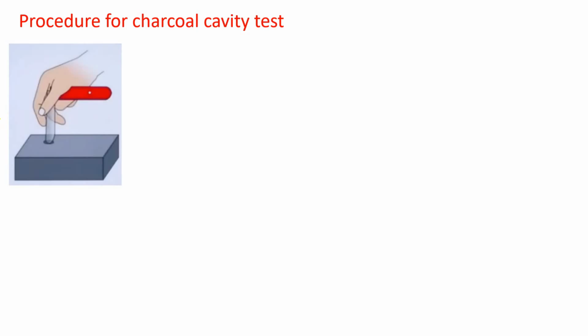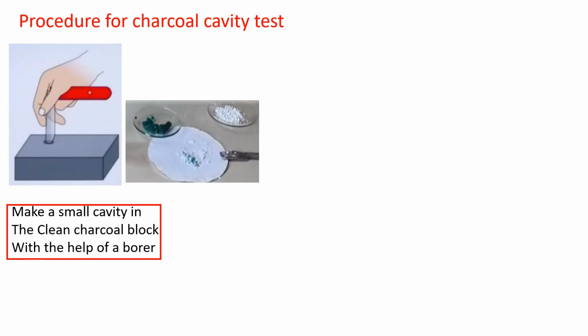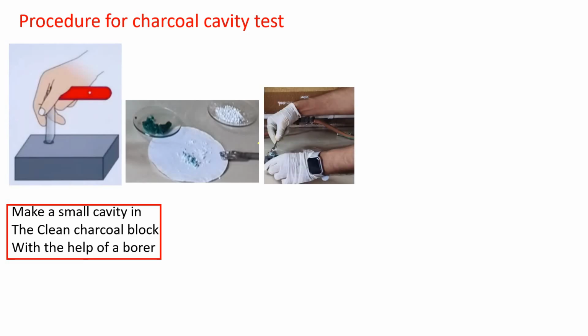Now coming to the procedure of the charcoal cavity test. Here, first you have to take one charcoal block and make a hole with the help of the borer. So make a small cavity in the clean charcoal block. Then mix the salt with double the amount of sodium carbonate and take that mixture in the cavity on the charcoal block.